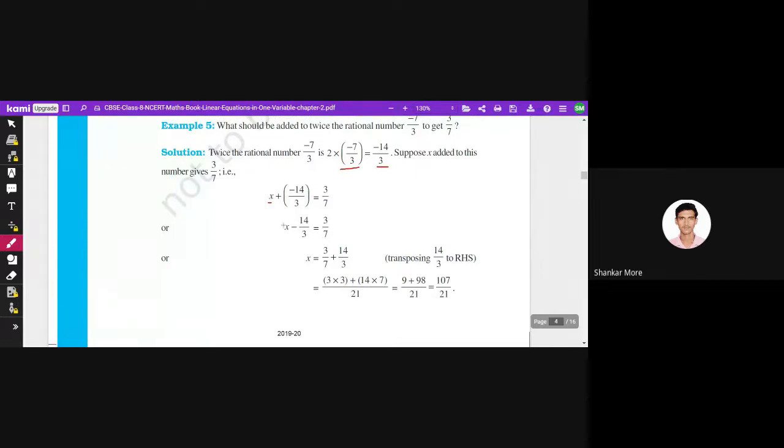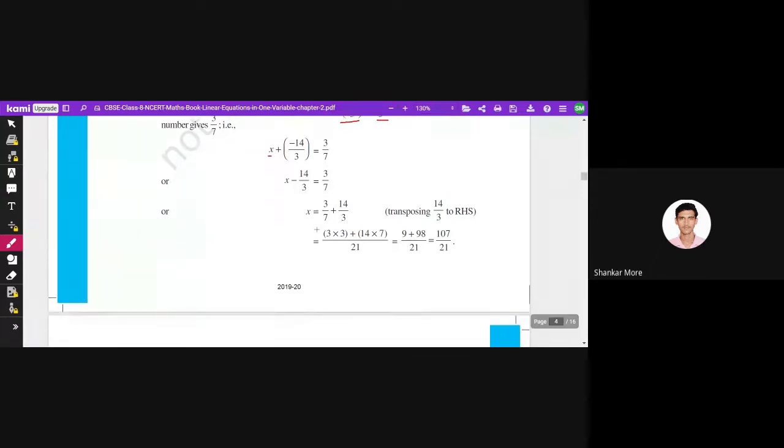Now we can solve this, right? This is a linear expression in one variable, isn't it? So x minus 14 by 3. Now you will be wondering why it is minus here, because this complete number is negative and the positive sign disappears when we have a negative number, right. So x minus 14/3. If I transpose this number to the right side, we will have x is equal to 3/7 plus 14/3, right. Now here 14/3 will not become 3/14, students.